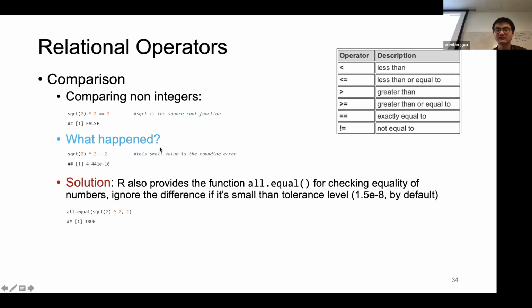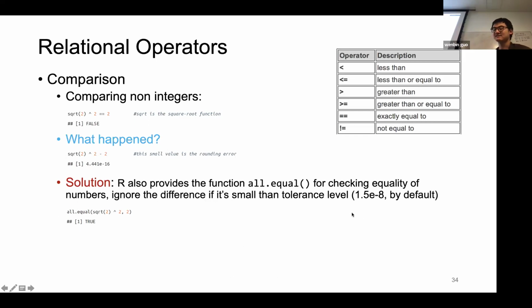So the solution is that you can use all.equal. Basically what it does is compute the difference between these two, and if the difference is smaller than a threshold, then R will think they are the same, because this small difference is probably a result of the computer itself, not an intrinsic difference between the two values.